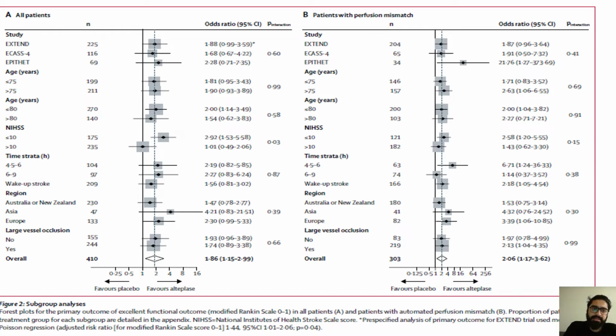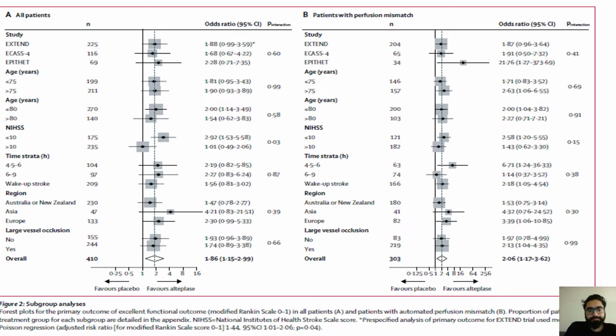You can see that in Extend there were 225 patients, in ECAS there were 116, and EPITHET there were around 69. And if you see on this forest plot, most of the variables which are tested against, the favorable outcomes are measured in favor of etiplase or an intervention rather than the placebo.